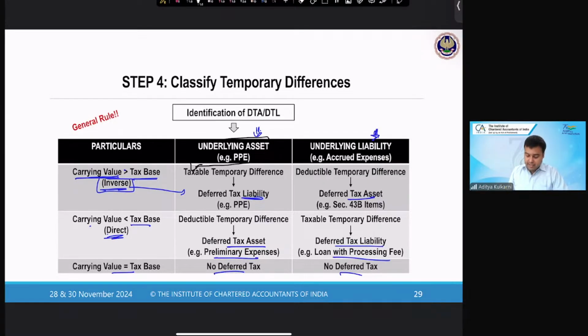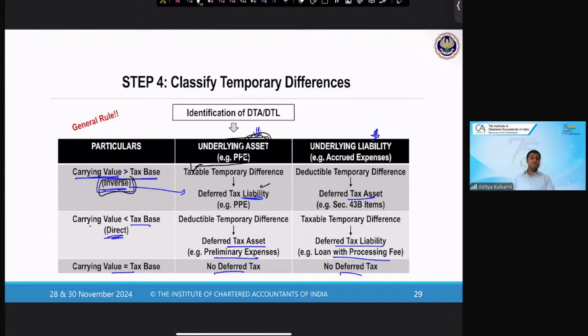When you look at this, the relationship is inverse. That means I have identified an underlying asset as my taxable temporary difference, and that in turn gives rise to a deferred tax liability. So if the carrying value is greater than the tax base of an asset, then inverse, you will have a DTL.